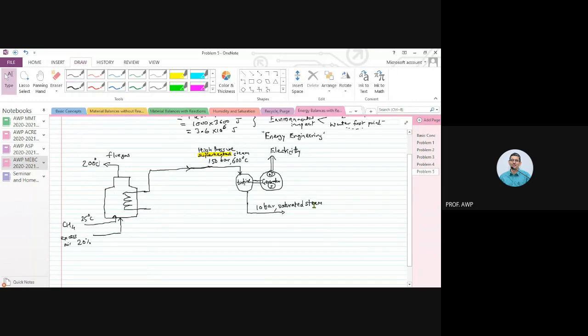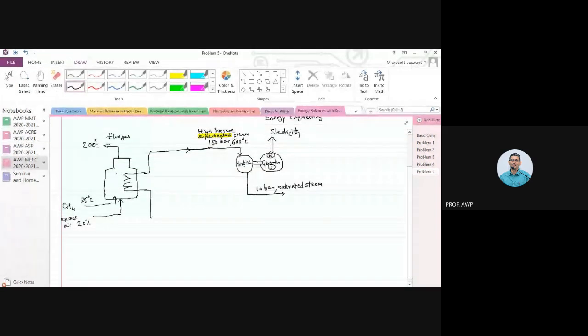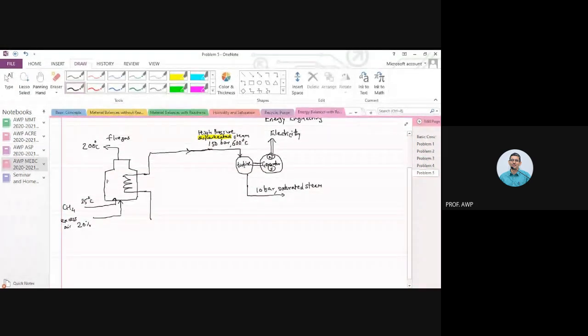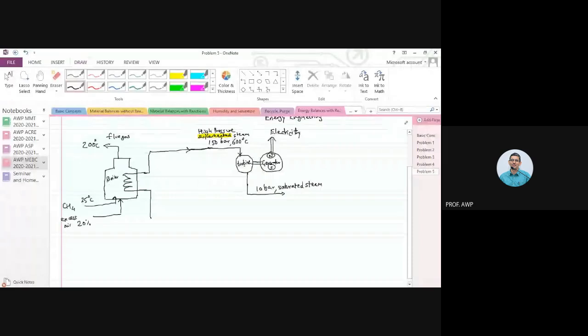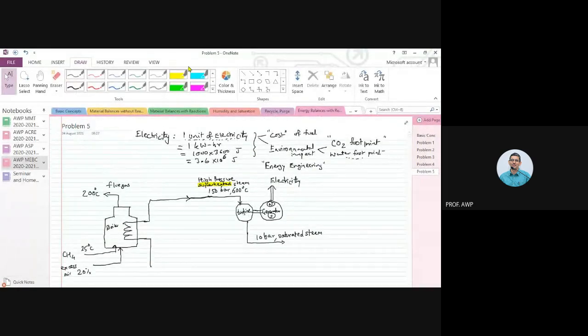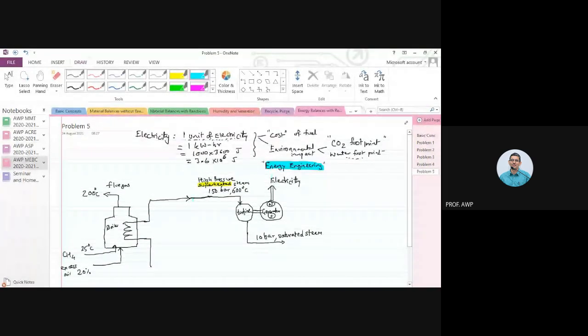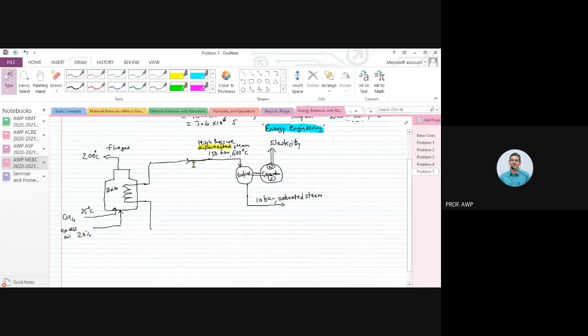Now, what do we supply to this, so this is called a boiler. Again, in your energy engineering course, you will see different types of boilers, how boilers are operated, what the different types of boilers are, in your semester 4 energy engineering course.